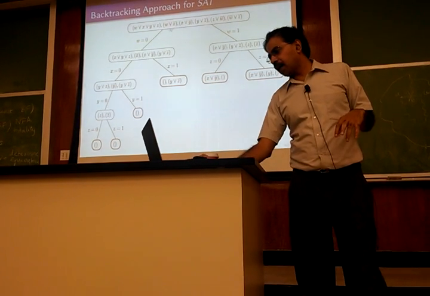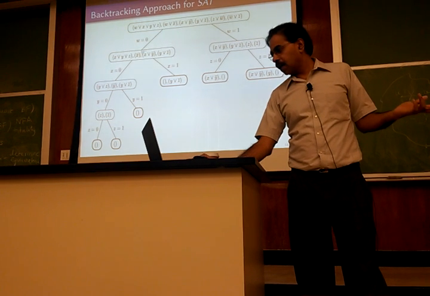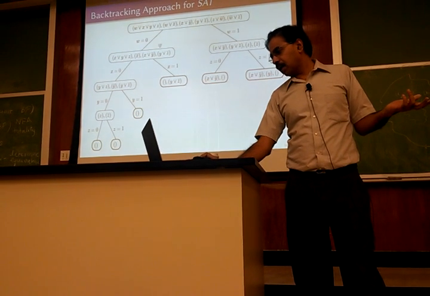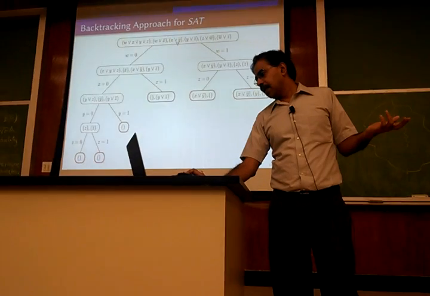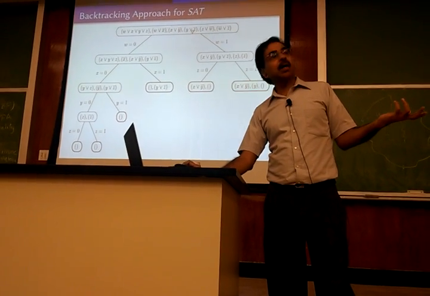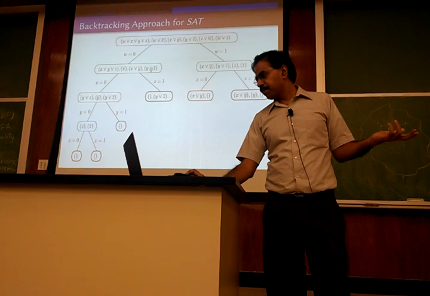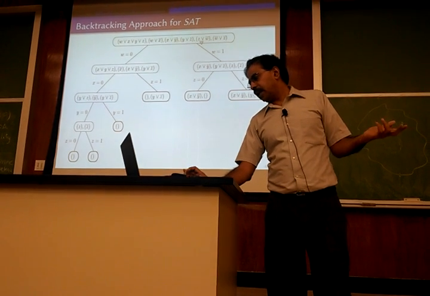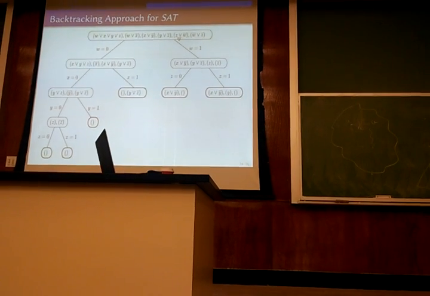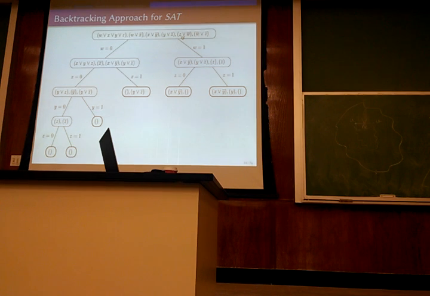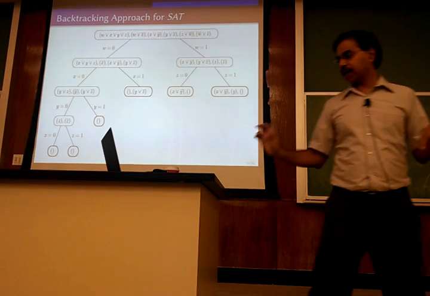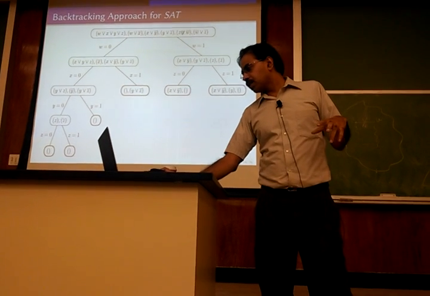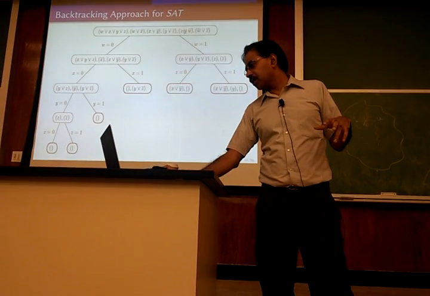Similarly, W or X bar becomes X bar, X or Y bar becomes X, there's no W, so it just appears as it is, and Y or Z bar once again appears as it is, and then the Z or W bar, right? So W is false, therefore W bar is true. So Z or W bar is going to be true, so that clause is already satisfied, so you no longer have to carry it around. So you drop it the same way.